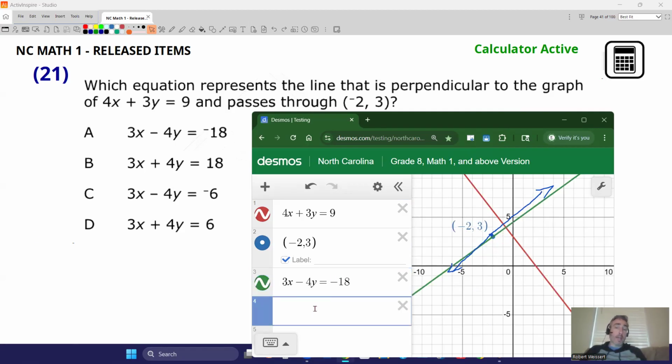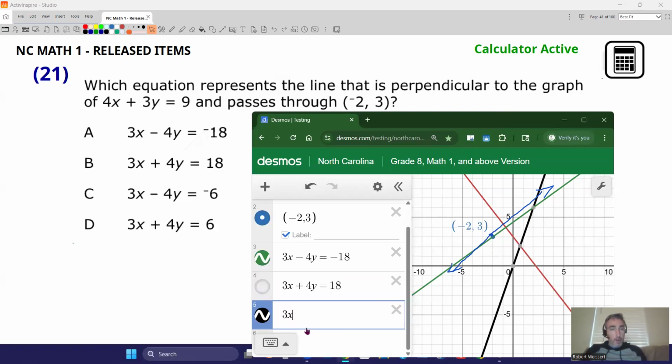But if you're taking the exam, you're going to test all your answer choices, right? So you're going to look at 3x plus 4y equals positive 18, and you can see right away that that's not going to be perpendicular, so we'll hide that one. 3x minus 4y equals negative 6 does look like it makes a right angle, but it doesn't go through the point negative 2, 3, so that's out.